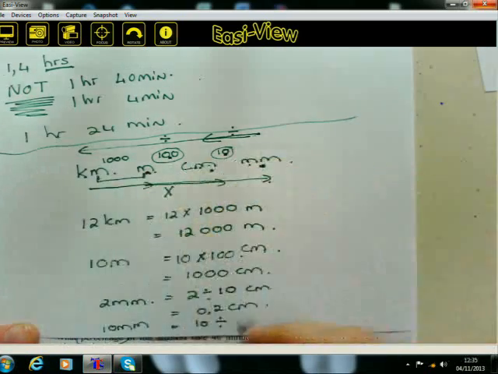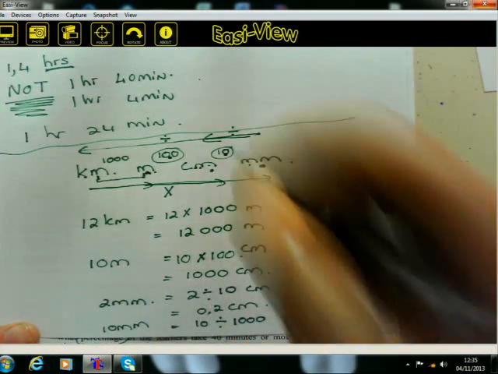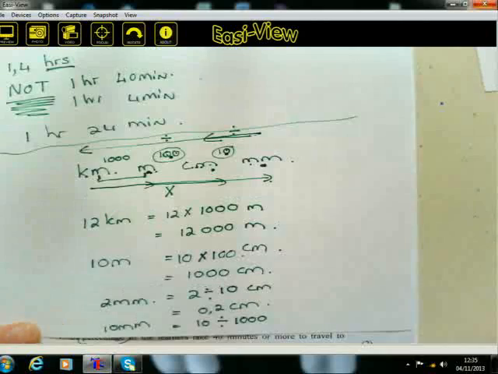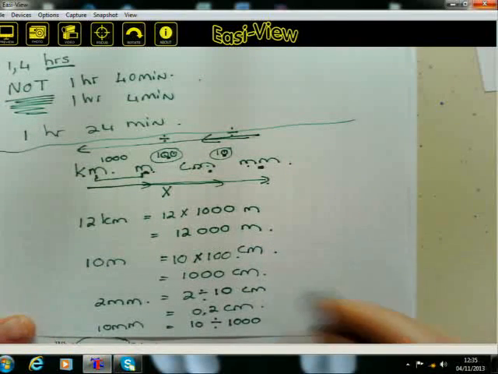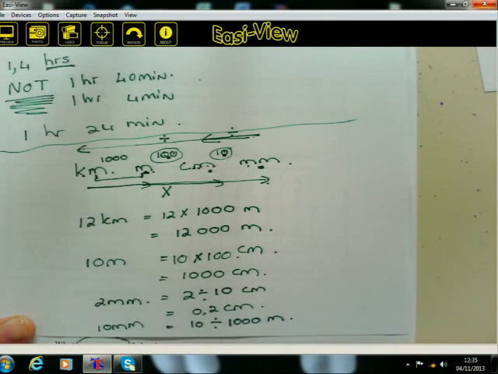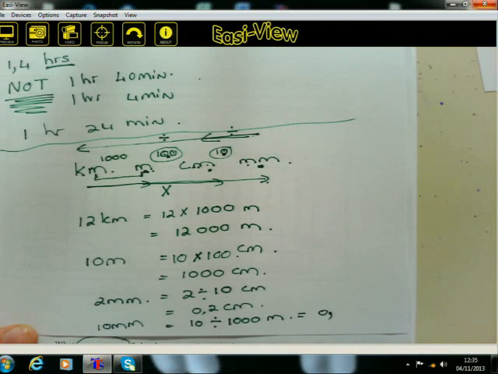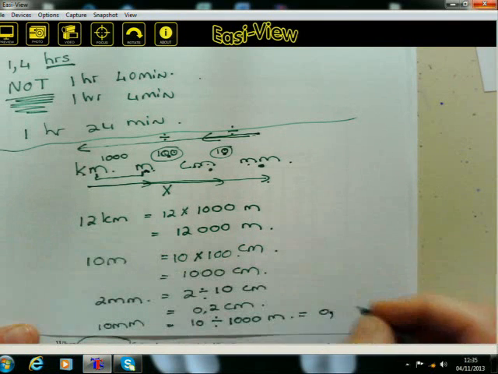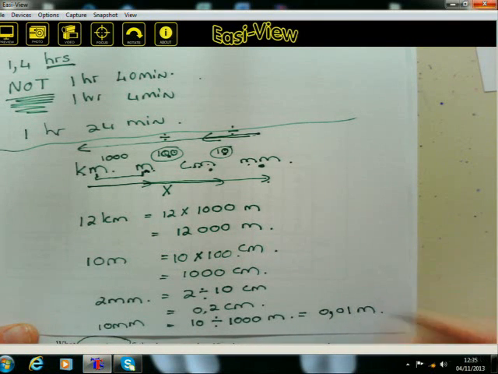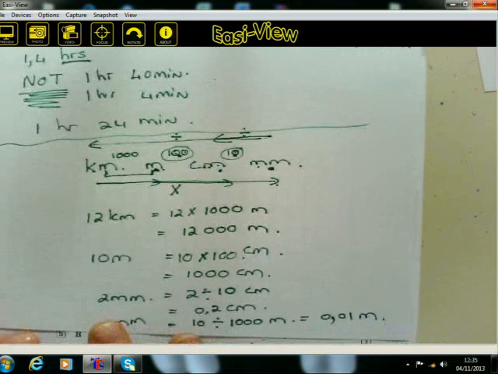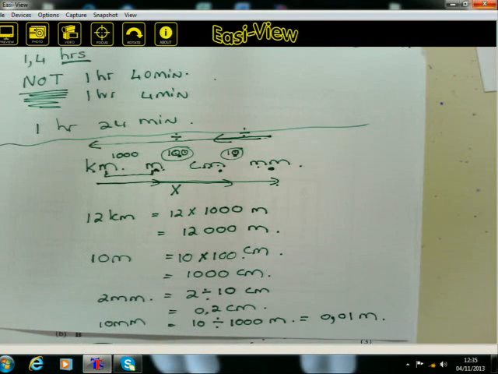So all in all I must use 1, 2, 3 zeros. So I'm going to divide by 1,000 if I am going to put it into meter. Let us check, 10 divided by 1,000, it will be 0,01 meter.